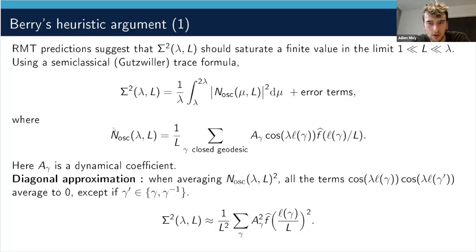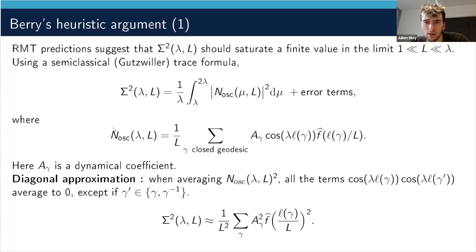There are some obvious pairs of geodesics for which this does not happen, which is when they have the same length. It happens when you take two geodesics which are the same, or when you take two geodesics that are the inverse of one another. I denote gamma inverse a geodesic traveled backwards. Of course, there may be other pairs of closed geodesics with the same length, but Berry said we perform this approximation and we only keep these pairs.